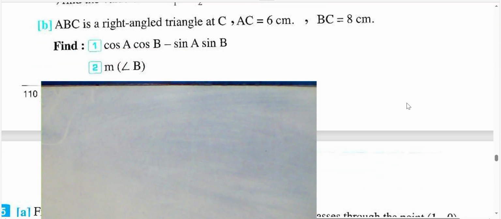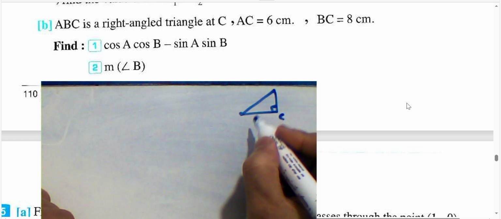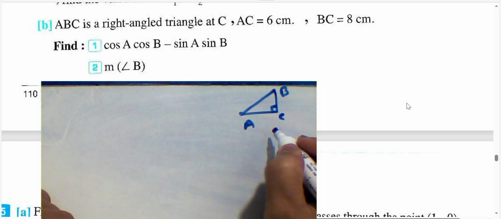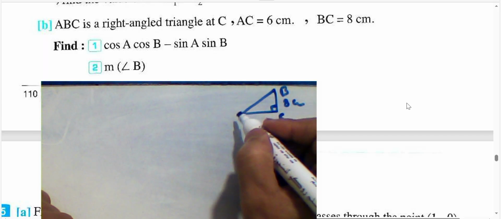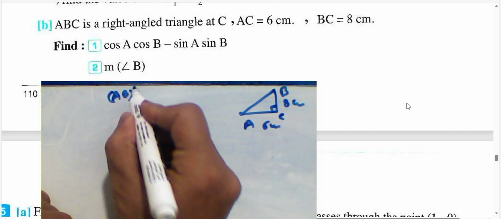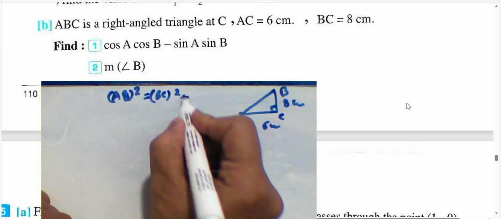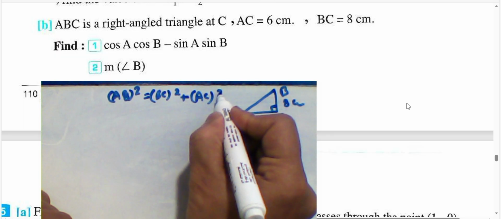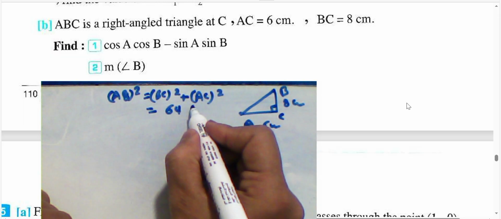ABC is a right angle triangle at C, like this. He gives me AC equals 6 centimeters and BC equals 8 centimeters. We can find AB from the Pythagoras theorem. AB squared equals BC squared plus AC squared. 8 squared is 64 and 6 squared is 36.